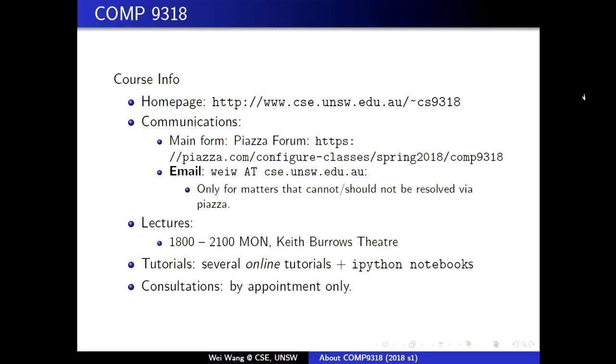We held these in the past, but especially for 9318, the percentage of students working full-time and taking this course after work versus those in full-time study mode has changed. But in the past, quite a lot of students were working full-time, and unfortunately we can only arrange labs and tutorials in the daytime. So the attendance was low and it didn't really work.